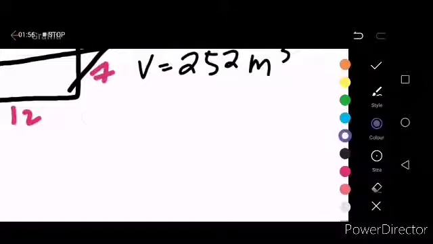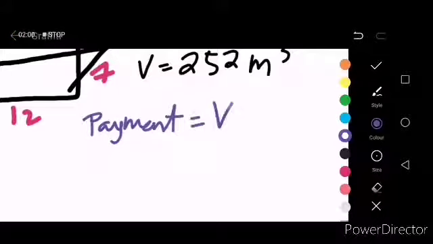So, for you to get the payment, you just need to multiply the volume times the amount per cubic meter.